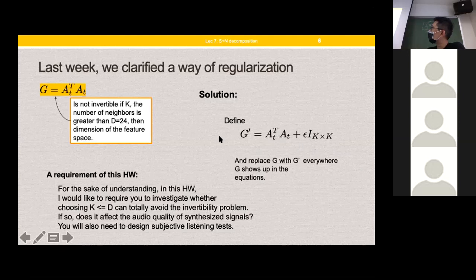Once we define G prime as this, then G prime becomes invertible. Then we replace G with G prime everywhere when we see A transpose A showing up in the equations. Just replace A transpose A with itself plus a small regularization diagonal matrix. So now, in principle, G prime becomes invertible. That's the suggestion in the literature.